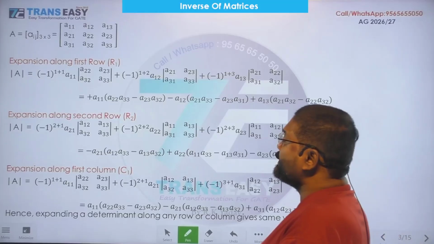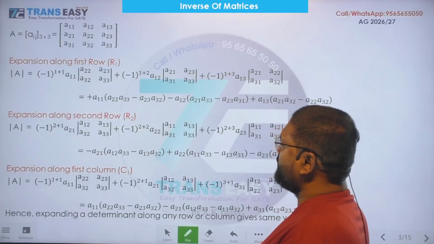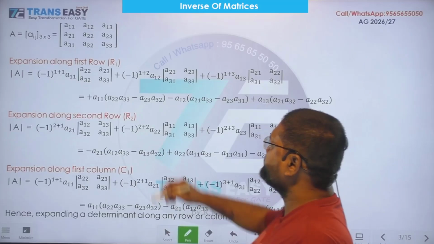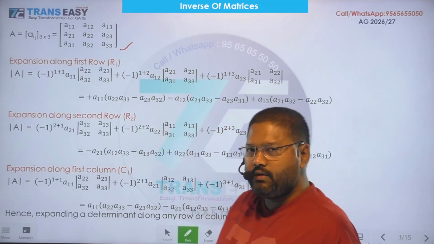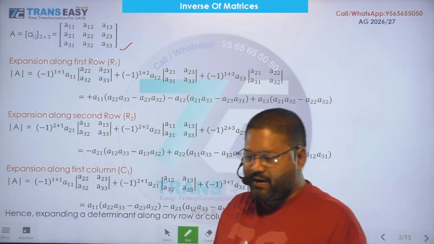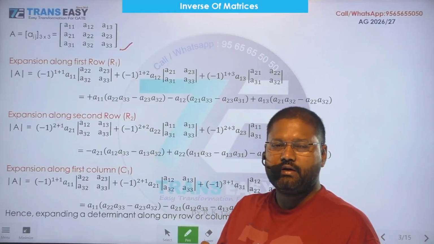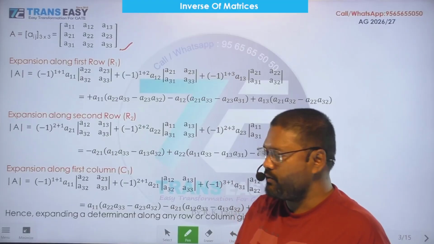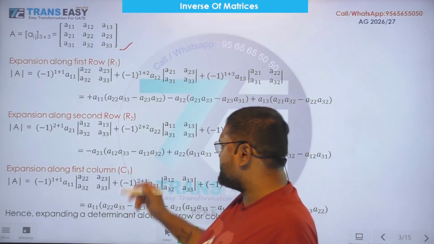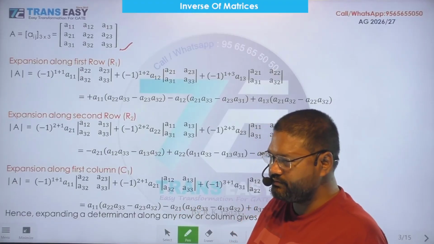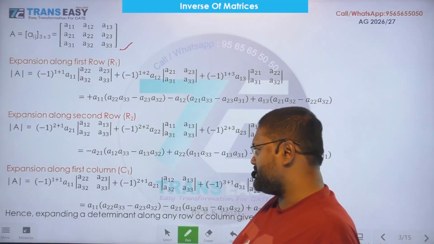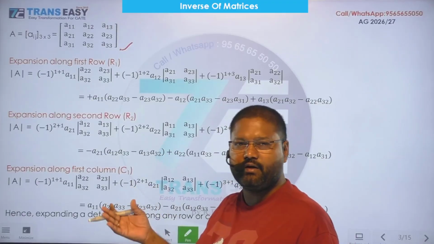This is 3 to 3 ordered square matrix A. We are going to apply expansion along first row, second row, along third row, similarly along first column, second column, third column.